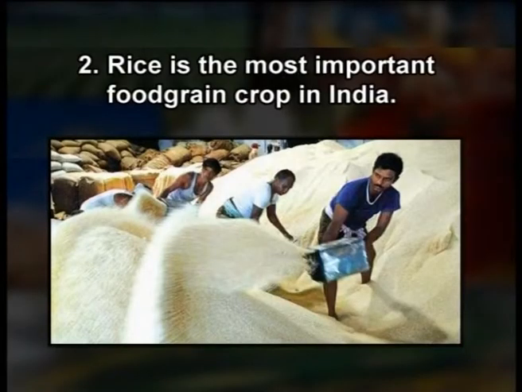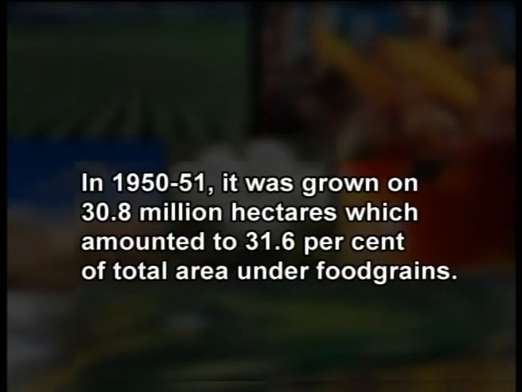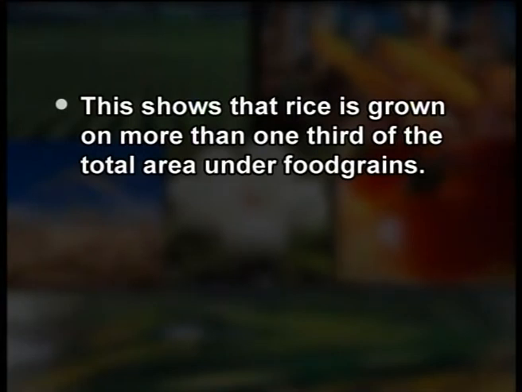Secondly, rice is the most important food grain crop in India. In 1950-51, it was grown on 30.8 million hectares, which amounted to 31.6% of total area under food grains. This shows that rice is grown on more than 1/3 of the total area under food grains.